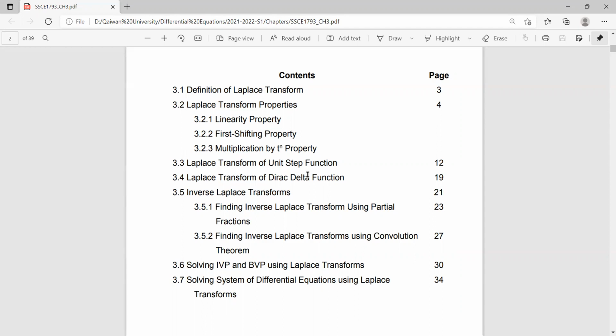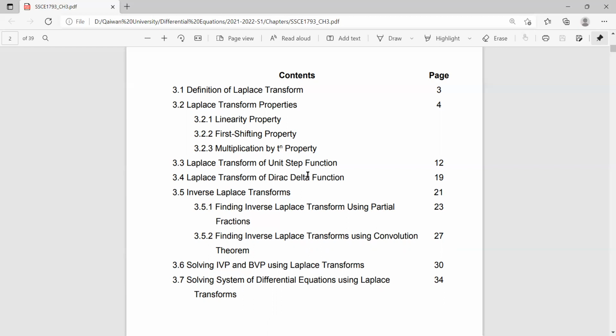In section 4, we have Laplace transform of Dirac delta function. Then we have inverse of Laplace transforms. Here we have 2 subsections: finding the inverse of Laplace transform using partial fractions, and also finding inverse of Laplace transforms using convolution theorem.